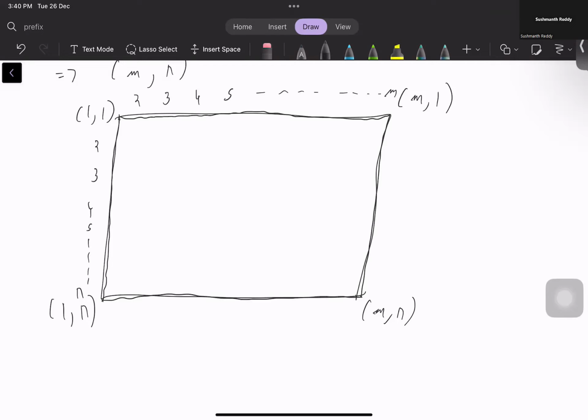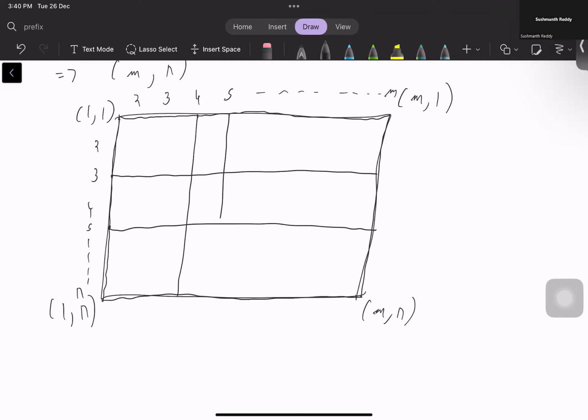Now we are given the points at which horizontal fences are present. If 3 is given, then there is a horizontal fence like this. If 5 is given, then from 5 there is a horizontal fence, and so on. Similarly, if 4 is given, there is a vertical fence like this, and if 5 is given, there is a vertical fence like this.